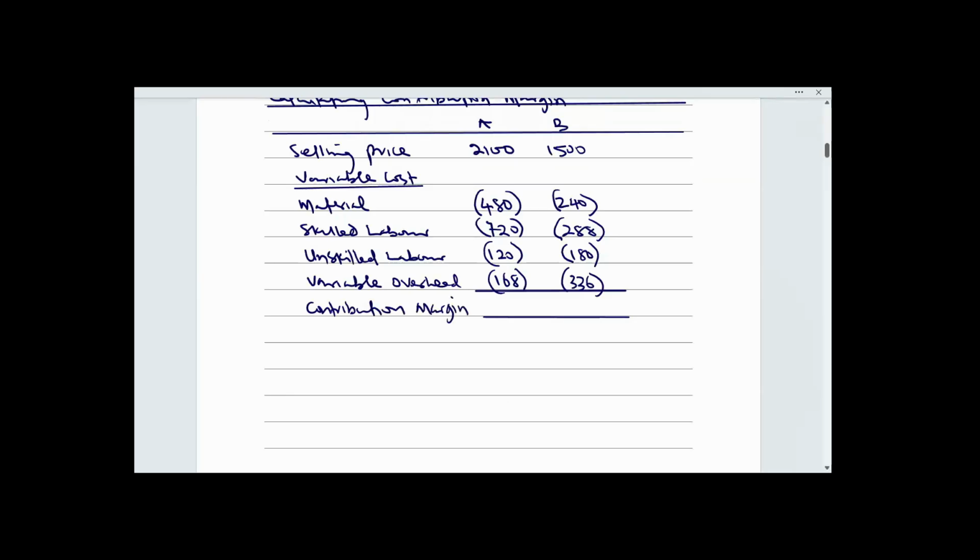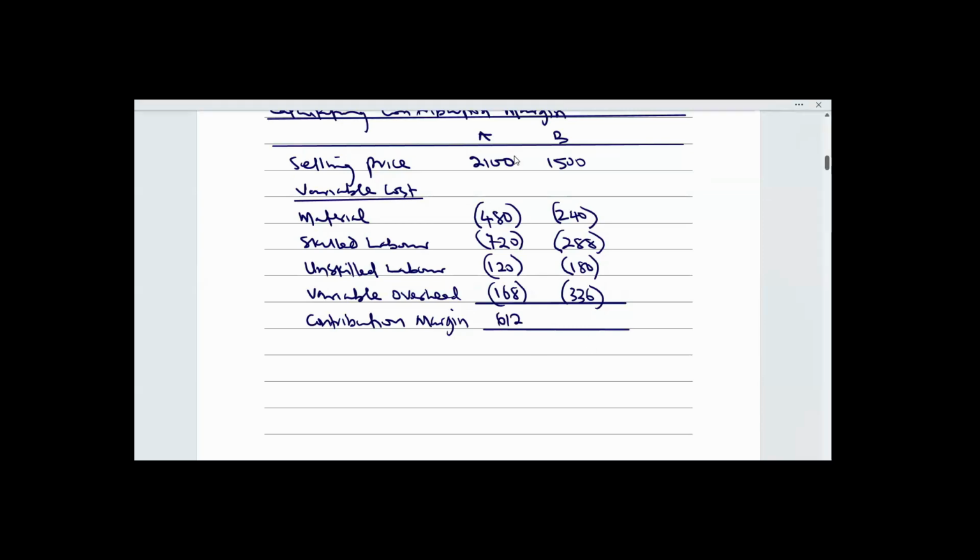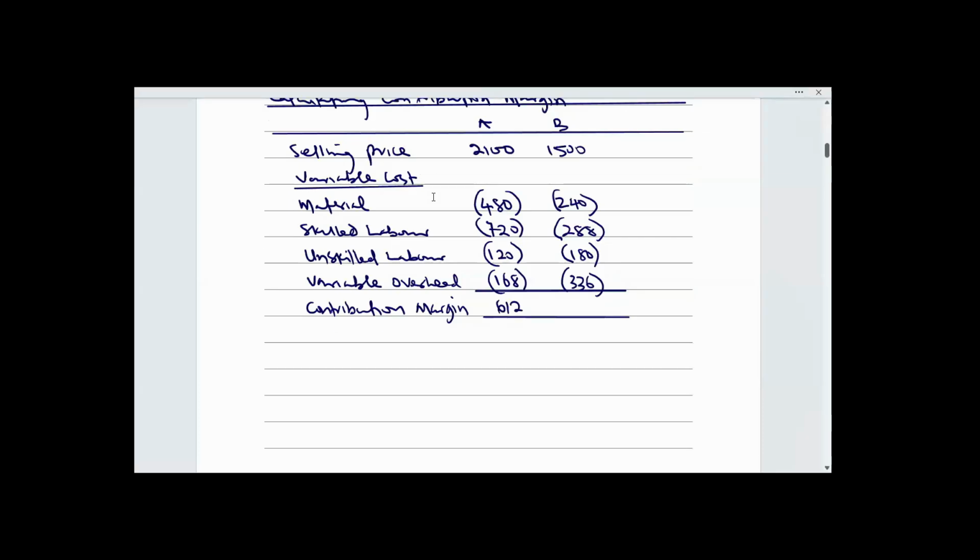What's the difference for grade A? 612. Okay. Next one. 456. Good.